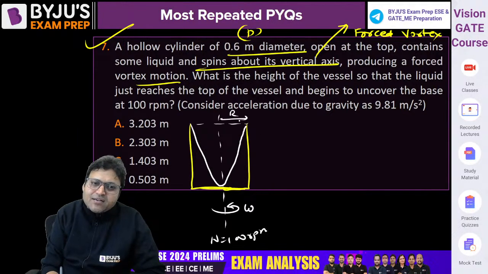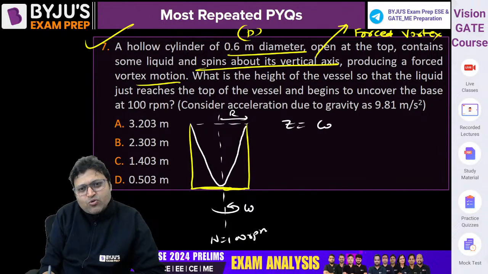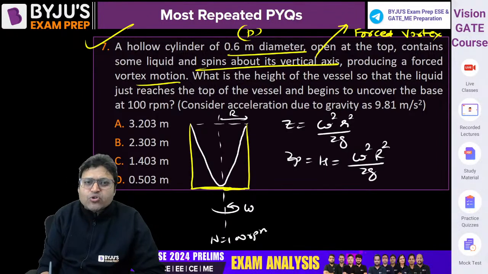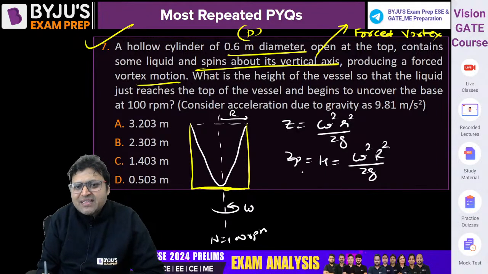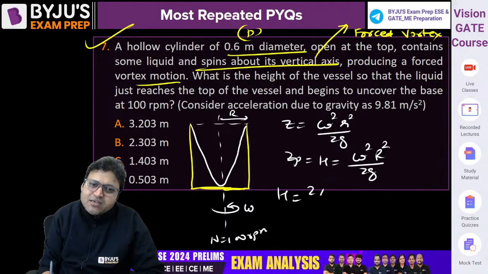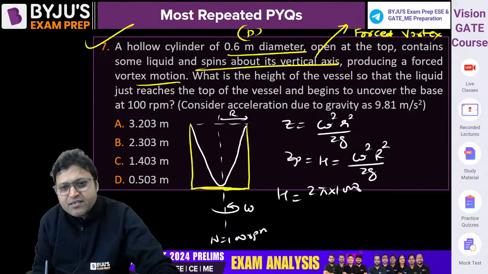This is R. So Z is equal to omega square R square by 2G. So ZP, which is equal to H, is equal to omega square R square by 2G. The question is to find out the height of the vessel, that is H. So H will be equal to omega, 2 pi N by 60, 2 pi into 100 by 60.